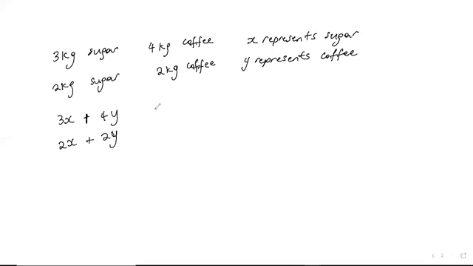They say you must write it as a matrix. This is how we would write it as a matrix: 3, 2, 4, 2 multiplied by x and y.